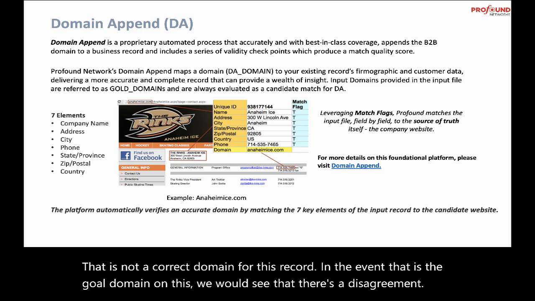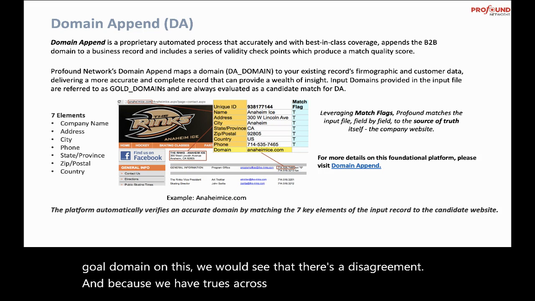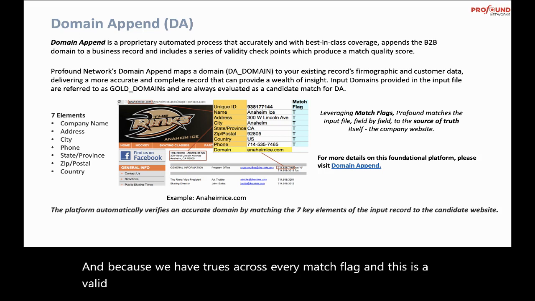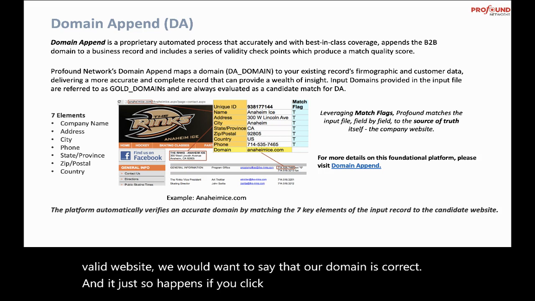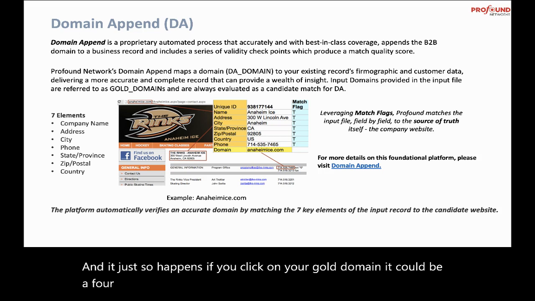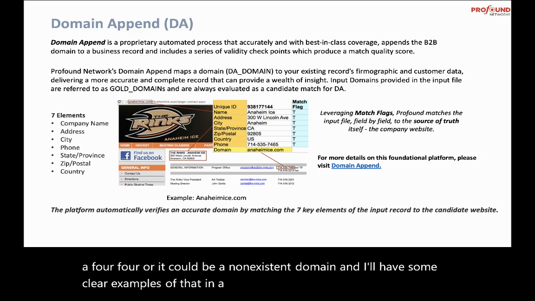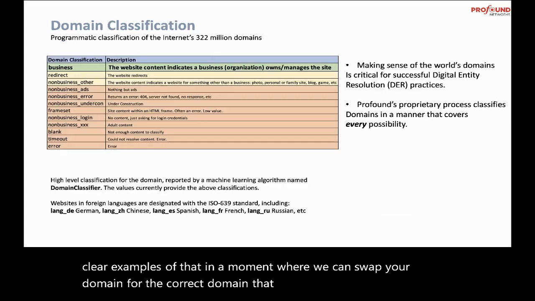And because we have trues across every match flag, and this is a valid website, we would want to say that our domain is correct. And it just so happens if you click on your gold domain, it could be a 404 or it could be a non-existent domain. And I'll have some clear examples of that in a moment where we can swap your domain for the correct domain that the DA process identifies.